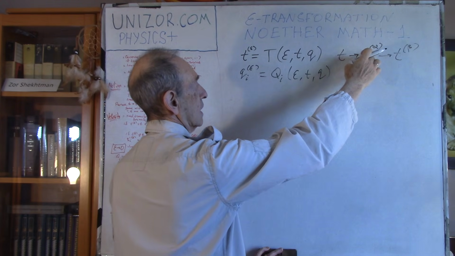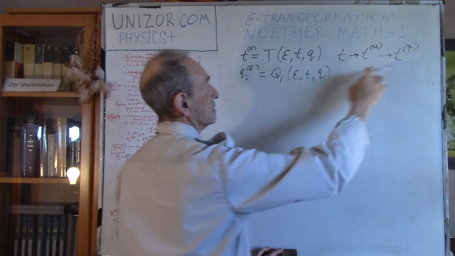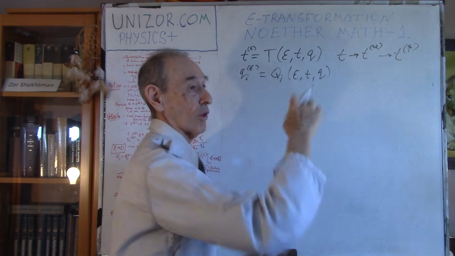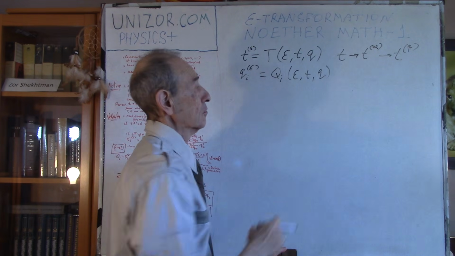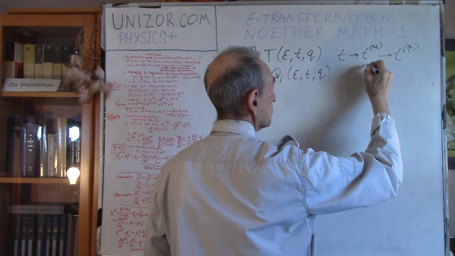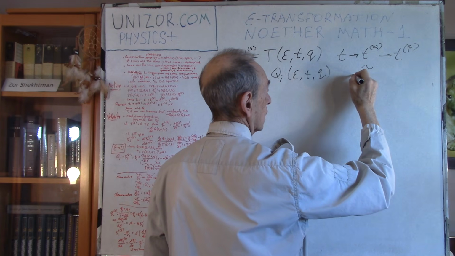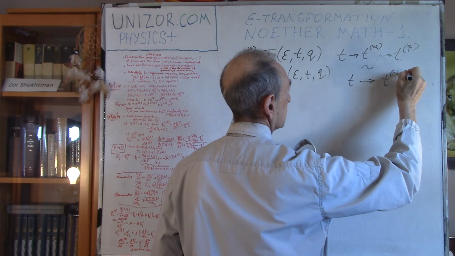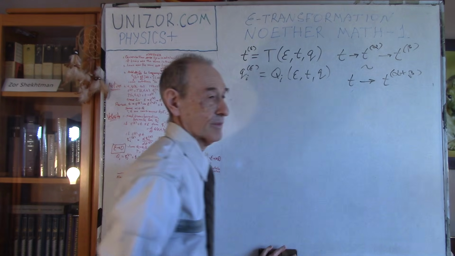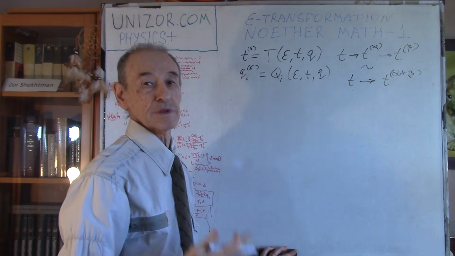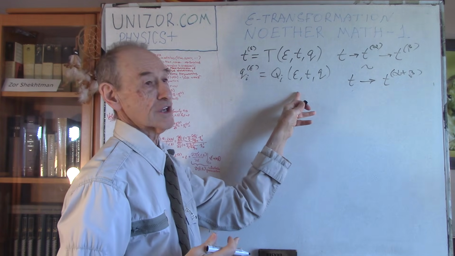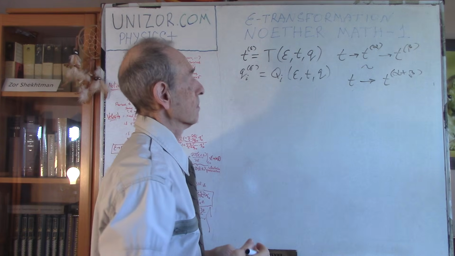So in this case epsilon equals alpha, and in this case epsilon equals beta applied to already transformed by alpha. It's supposed to be equivalent to t transformed to alpha plus beta. That's the most important qualification of this family of transformations.